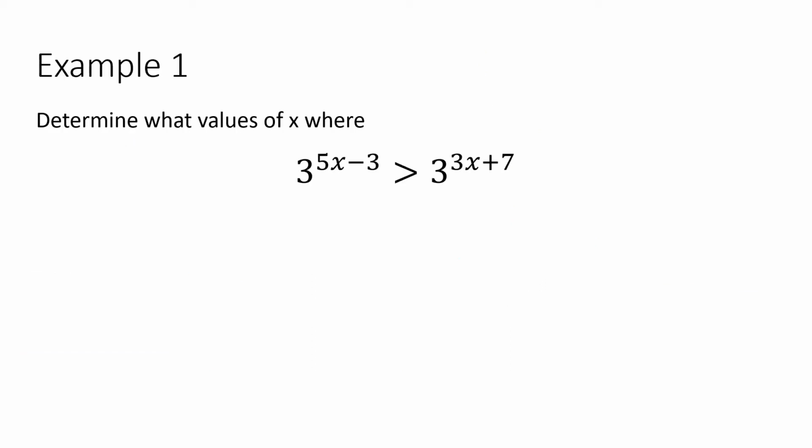Let us consider this example. We want to solve 3 to the 5x minus 3 greater than 3 raised to 3x plus 7. To solve this inequality, the first thing that we have to check is the base. The base is 3, and 3 is bigger than 1, meaning this falls under the case where b is greater than 1, so the inequality is preserved.